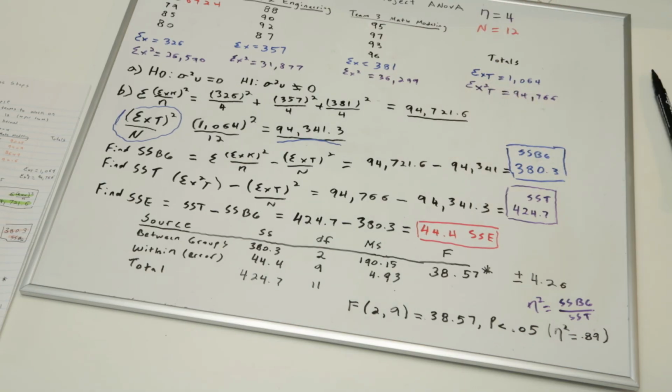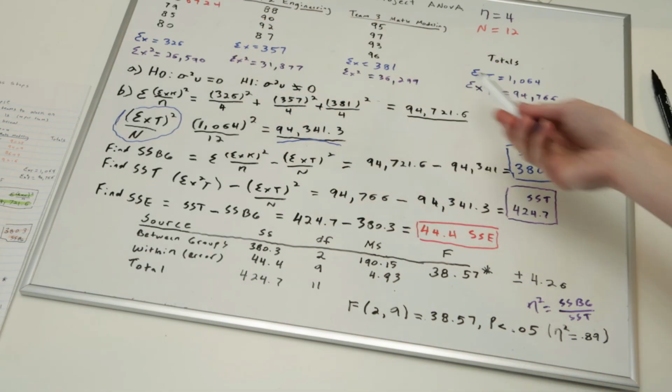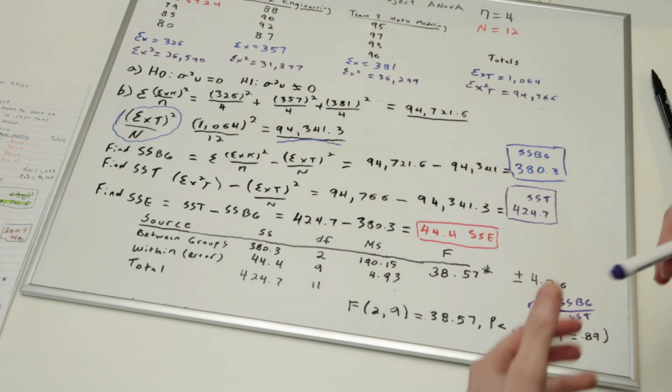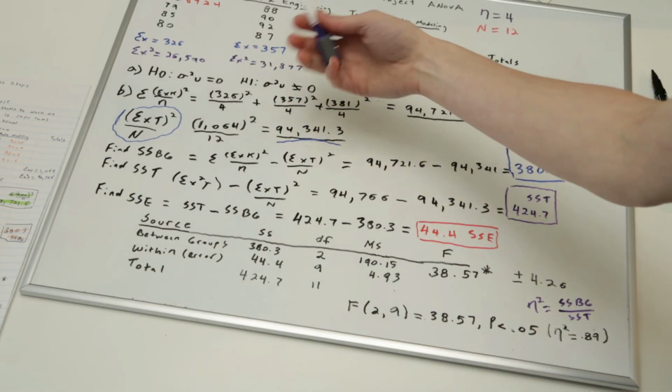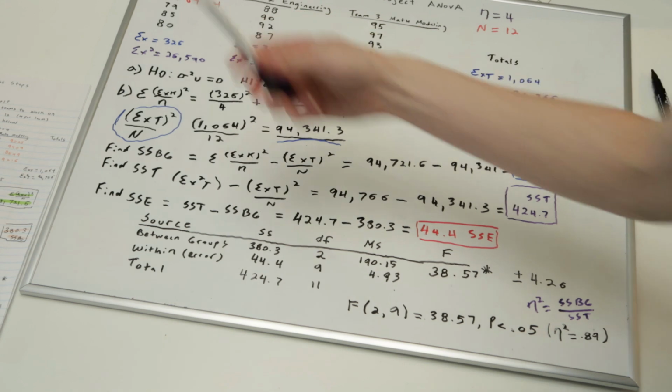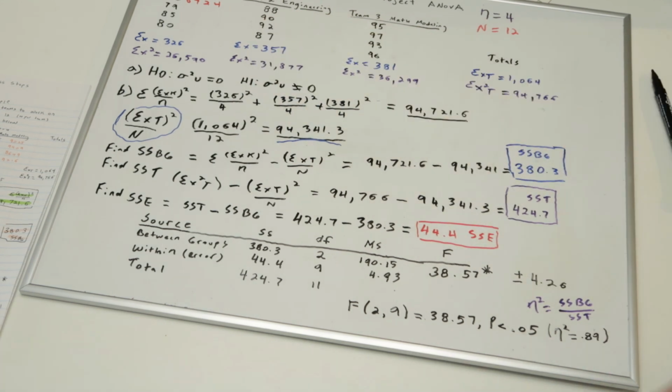So we can say that the reason why their scores differ is that 89% of that difference is due to the type of scientist they are. A theoretical physicist, an engineer, or somebody that does math modeling.